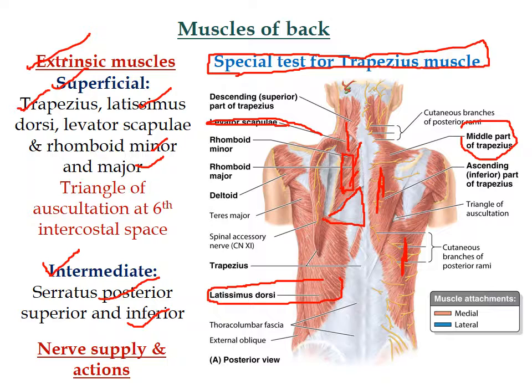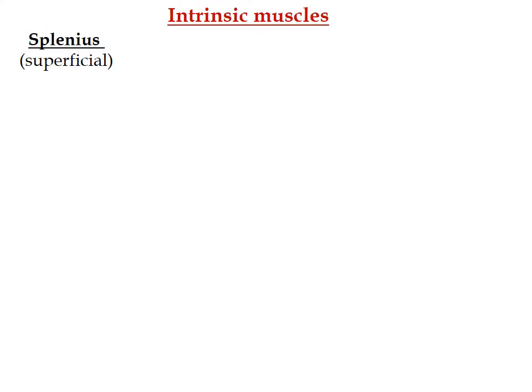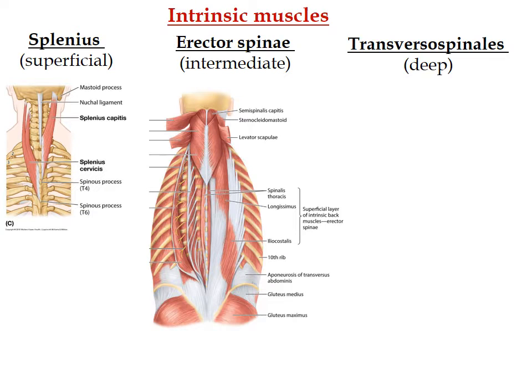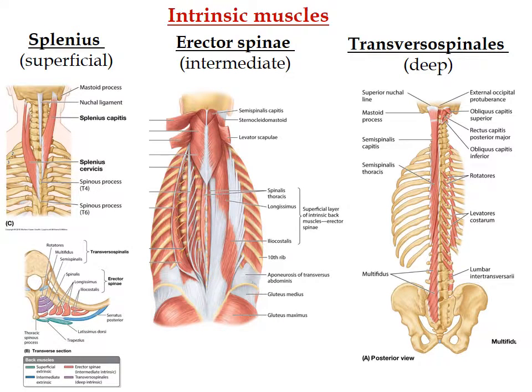Now, I will move on to the intrinsic muscles of the back. We are going to discuss the intrinsic muscles of the back, which are arranged in superficial, intermediate, and deep layers. In the superficial set, we have splenius capitis and splenius cervicis.